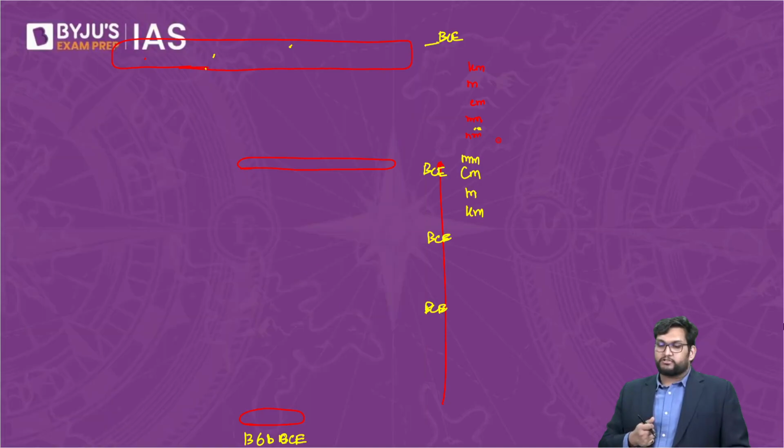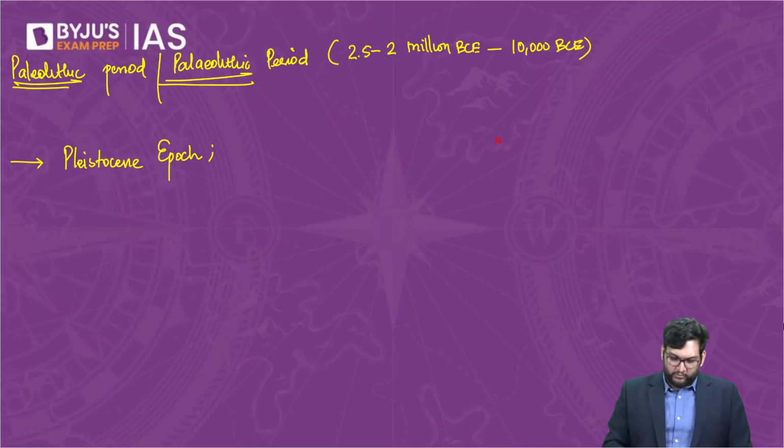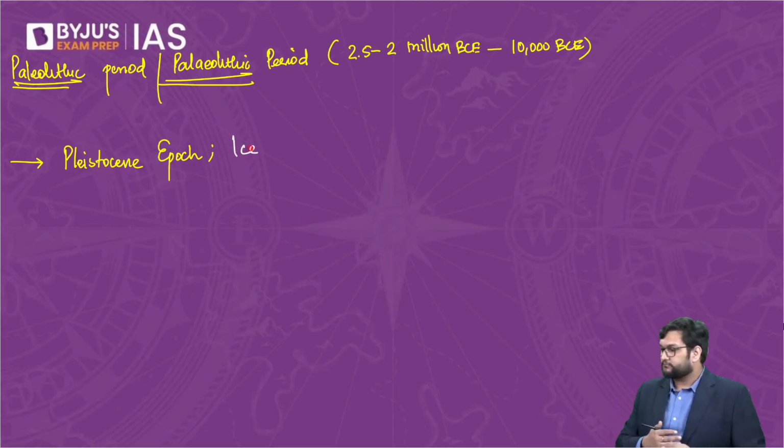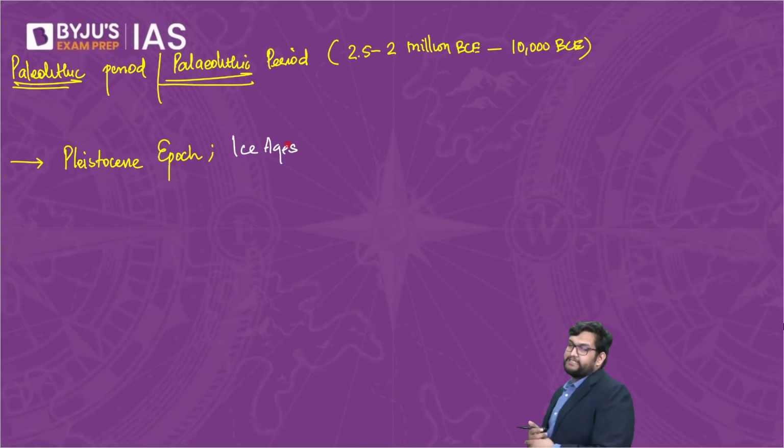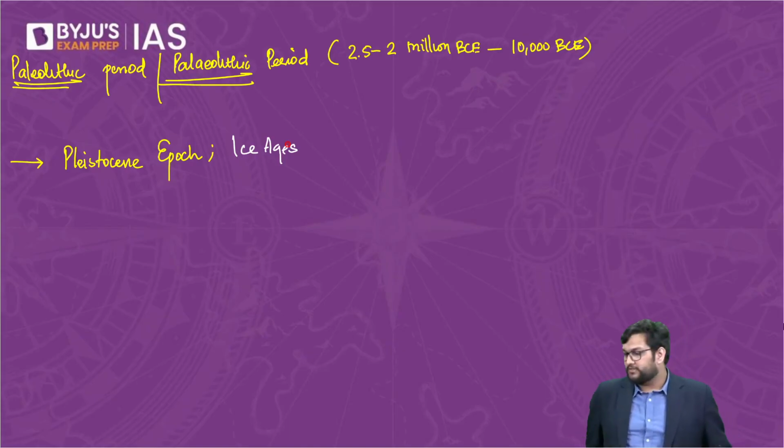Now, the Pleistocene epoch has a name which you know quite well since your childhood, which is called Ice Ages. There's a whole set of children's movies on this.